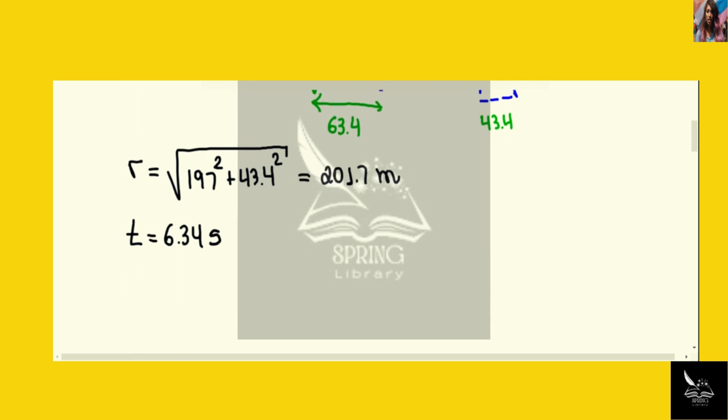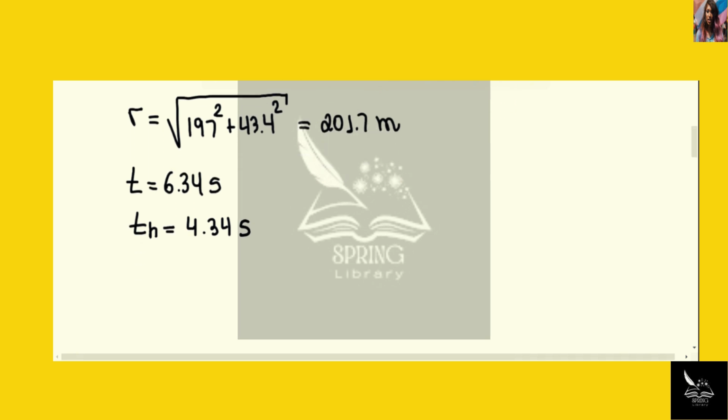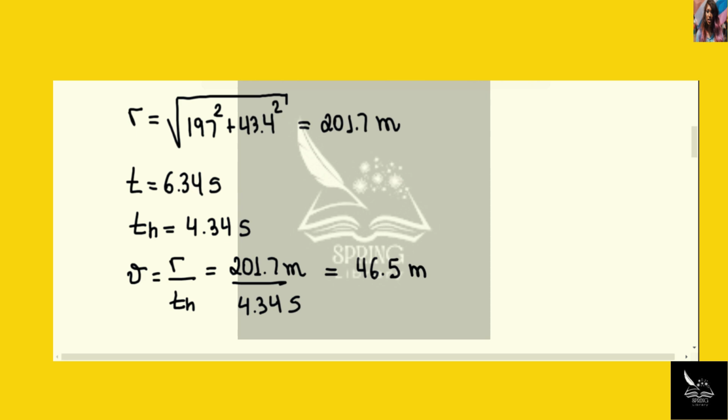So the time it takes for the hawk to dive towards the rat is 6.34 minus 2, which is 4.34 seconds. The speed of the hawk, v, is r divided by that time: 201.7 meters divided by 4.34 seconds, which is equal to 46.5 meters per second.